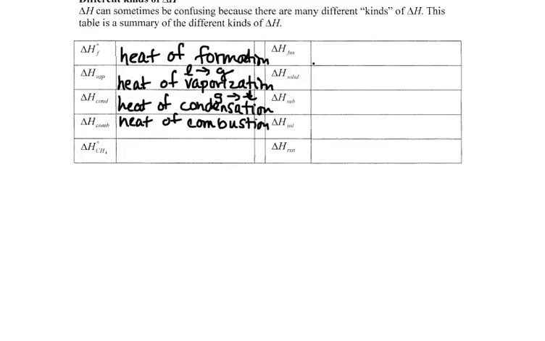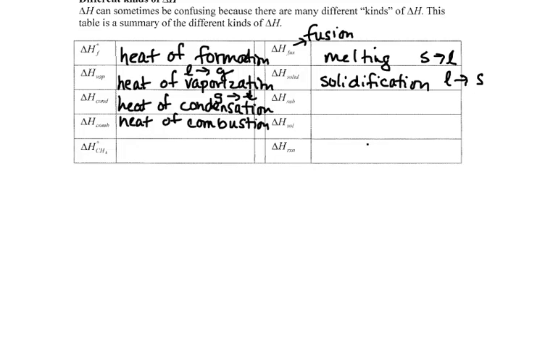Delta H FUS is the heat of fusion. That stands for fusion, and it is basically melting, which is solid to liquid. This would stand for the heat of solidification, and that is going from a liquid to a solid.